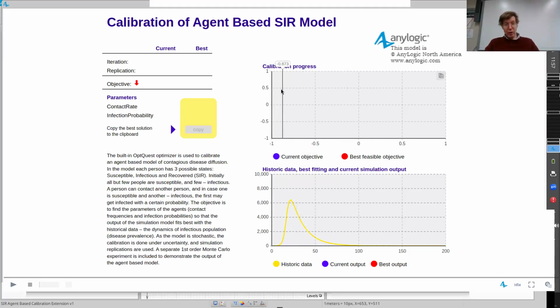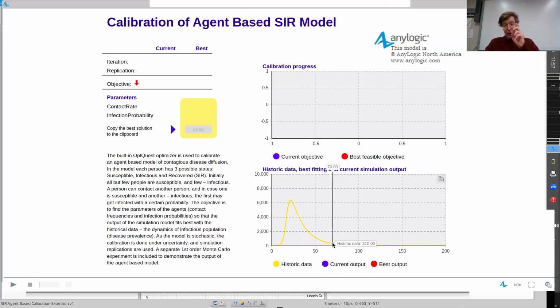And for each of them, we're going to have a current objective function match that shows what the objective was after that number of parameter vectors were examined, and the best so far. Down here, we're going to see the model output, which tries to match against this.